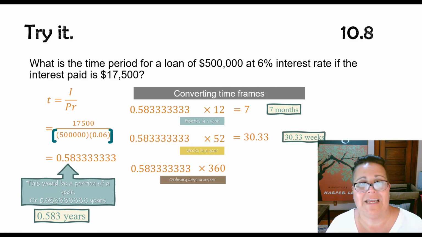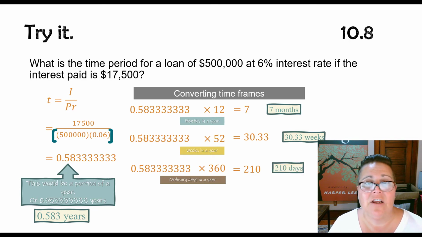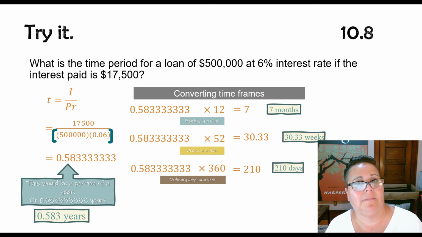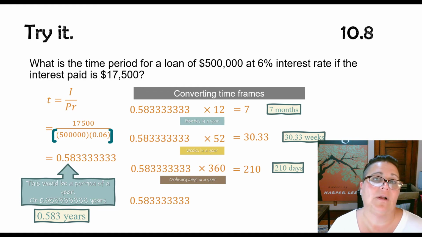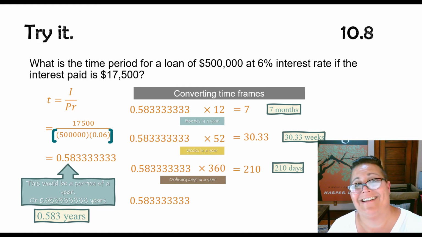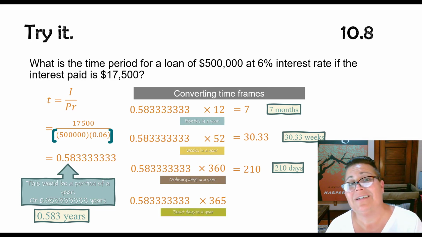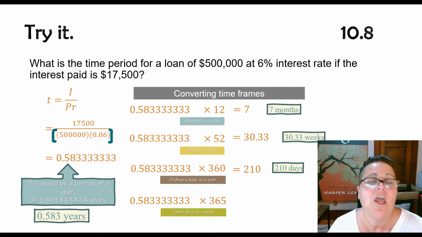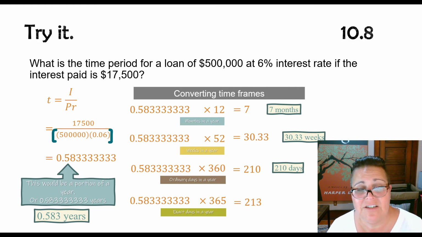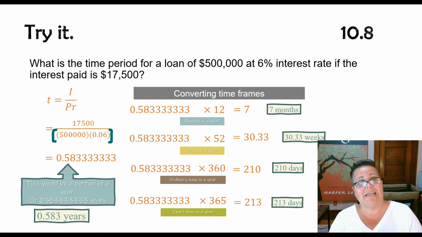If I multiply this by 360, I get 210 days. Similarly, if I want to do the exact interest, there are 365 exact days in a year. Well, it's 365 and a quarter, but I don't want to go there. 365 days in an exact year, I get 213 days.